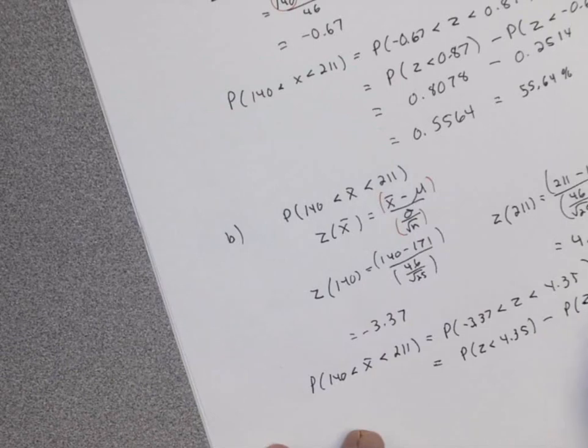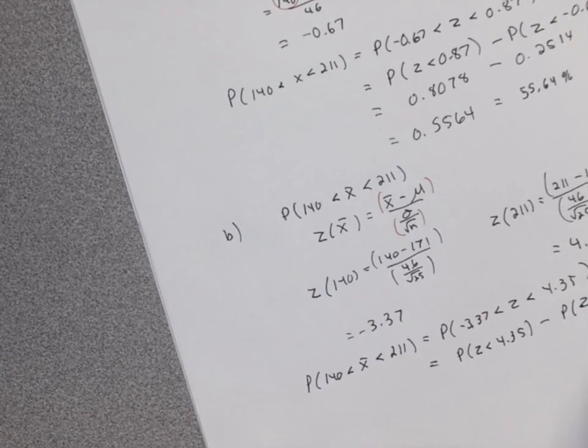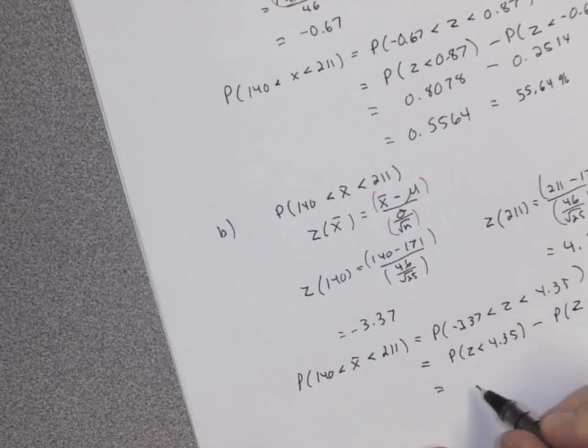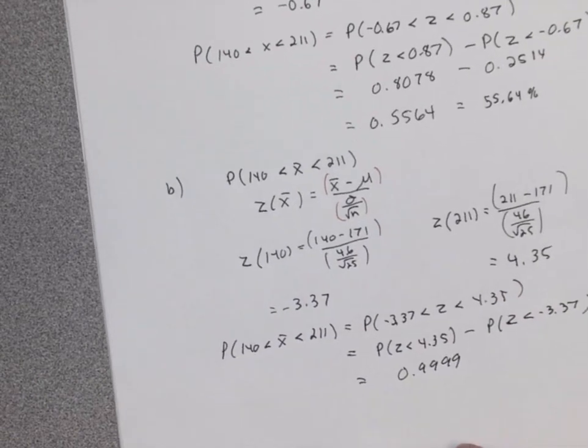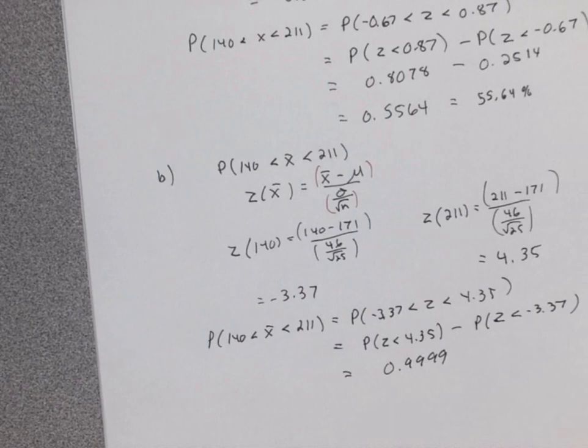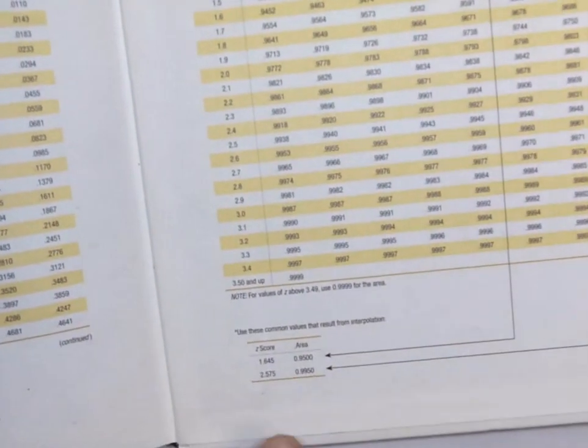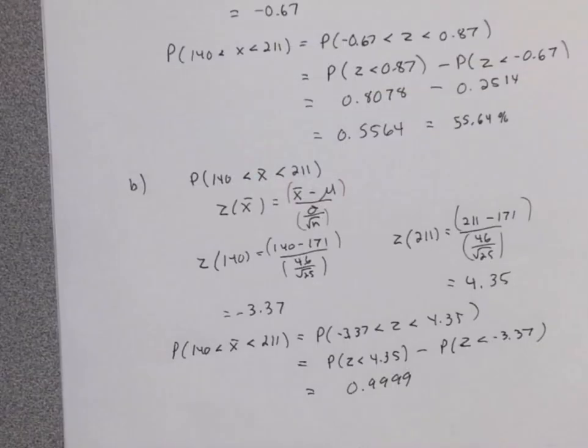So z less than negative 3.37. So this one right here is 0.9999, right? Because anything above 3.5, and you can kind of see it right here, is just this number. Now the negative 3.37 is, you guys get 0.0004?